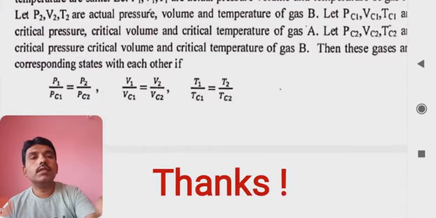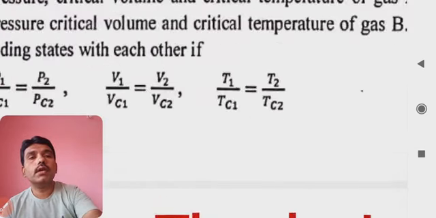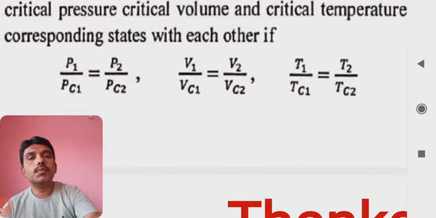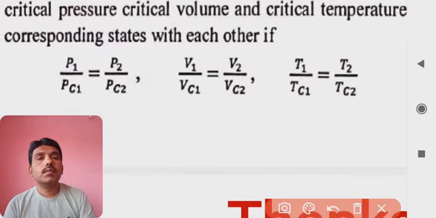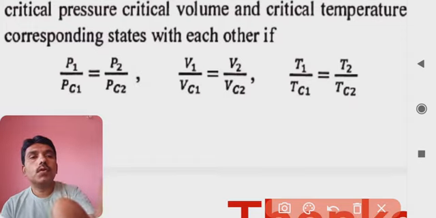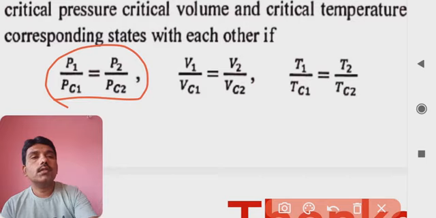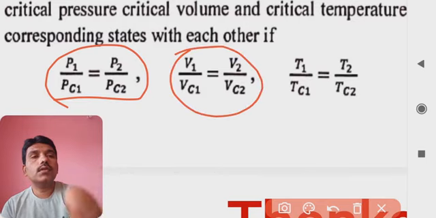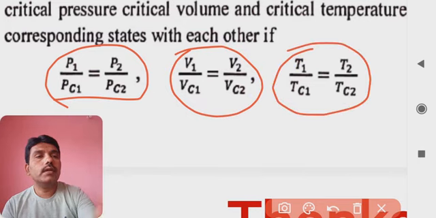So what relation should it have? It should have these relationships: P1 upon PC1 is equal to P2 upon PC2. Similarly, V1 upon VC1 is equal to V2 upon VC2. Again, T1 upon TC1 is equal to T2 upon TC2.